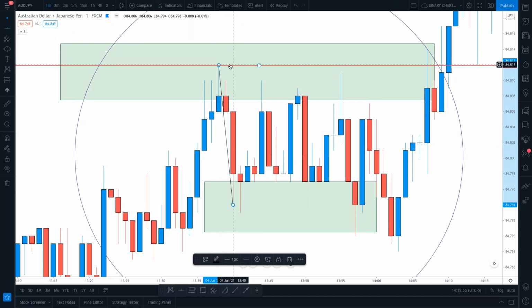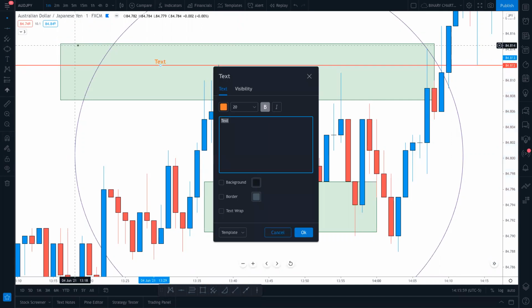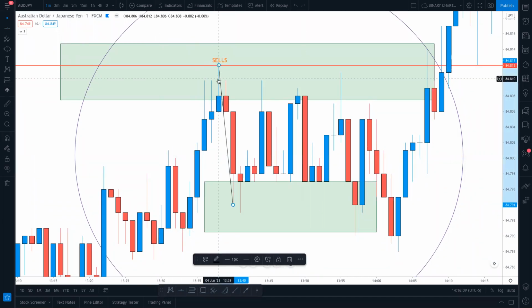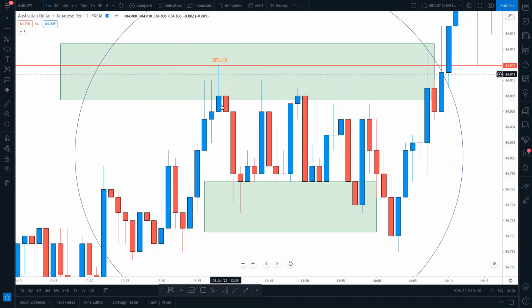So I'm going to go ahead and keep this line red, and we're going to be looking for sells, right, inside of our zone, because price has gotten into the higher high of our zone.